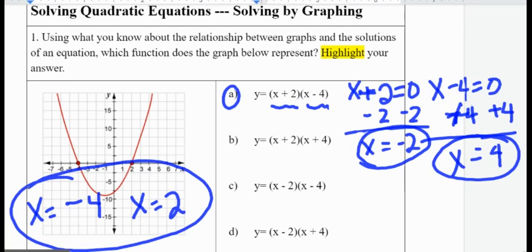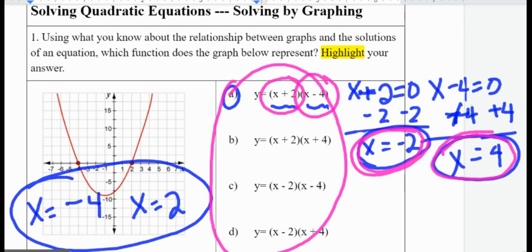Okay, so that's what you need to do algebraically until you find x equals -4 and x equals 2. Now, I want you to notice something here. Here we had x plus 2, but our answer was x equals -2. So you see how that's the opposite sign? And here we have x minus 4, but here we have x is +4. You see how that's the opposite sign? So which one of these do you think will give us these two solutions that we need?